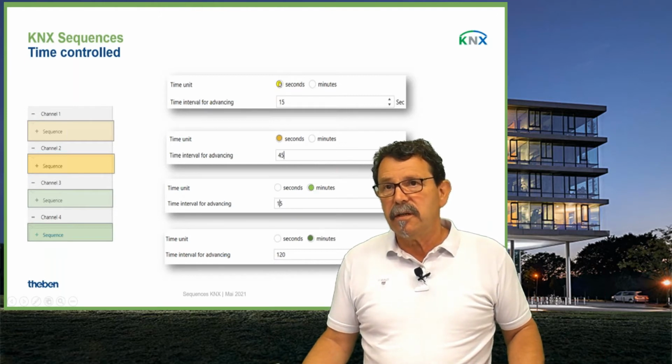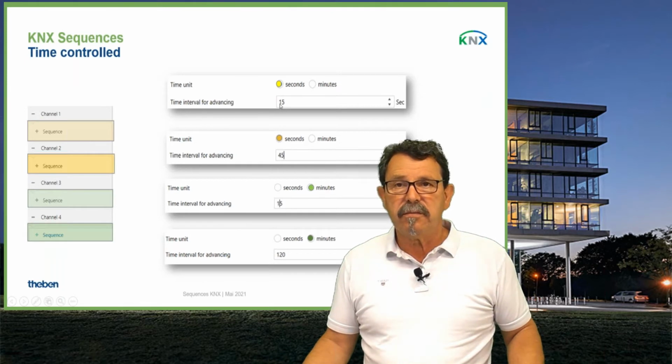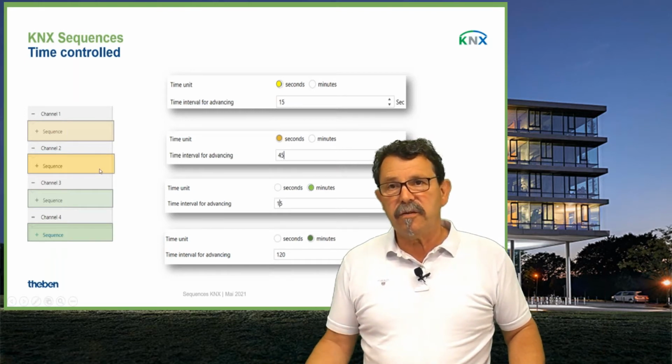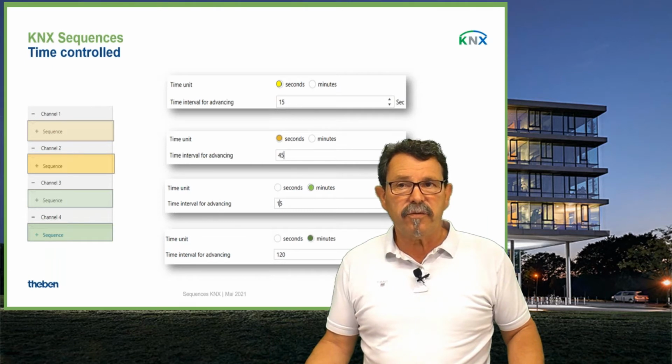So that means, for instance, sequence 1 takes 15 seconds to elapse. After 15 seconds, sequence 2 is started. Sequence 2 lasts finally 45 seconds, and after 45 seconds, sequence 3 is started.